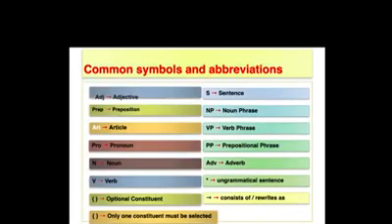And you have the arrow, which means consists of something. What else? We also have PP, VP, NP, and S stands for sentence. So these are the most common symbols and abbreviations, and we will make use of them during this course.